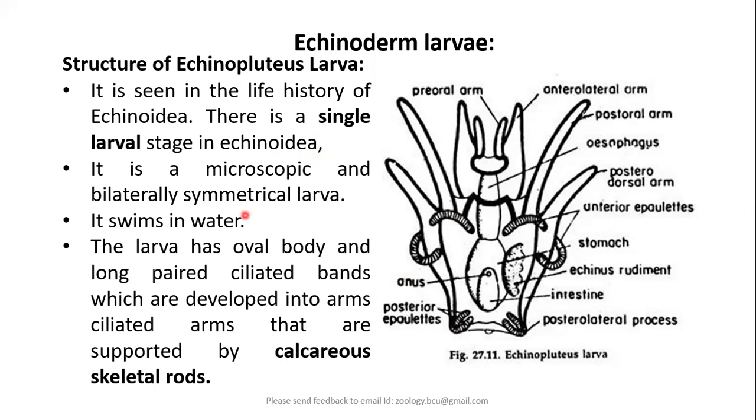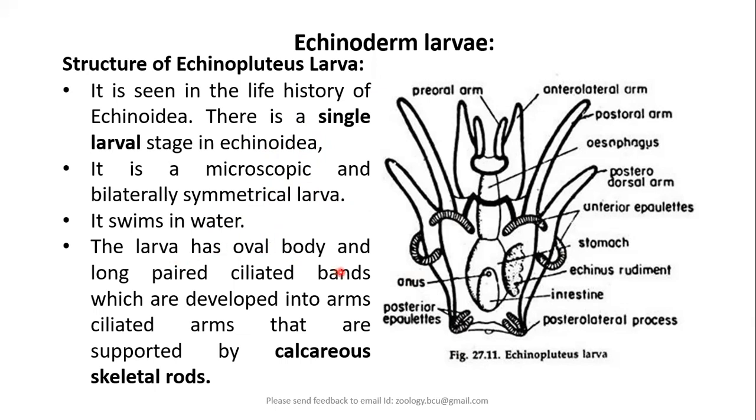But this larva also has similar features. That is, it is also microscopic with a transparent, bilaterally symmetrical body. This larva is also pelagic, free swimming in the water.